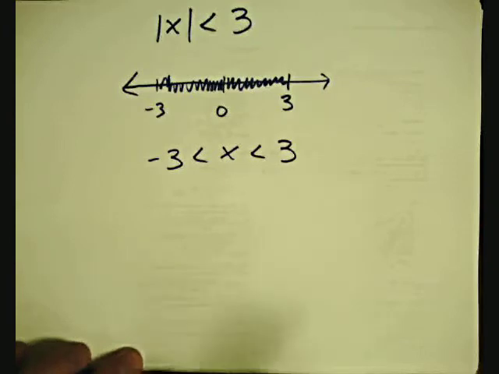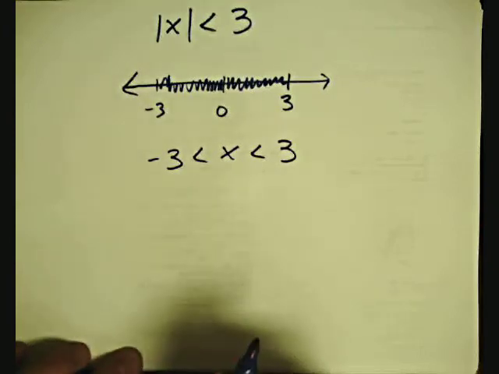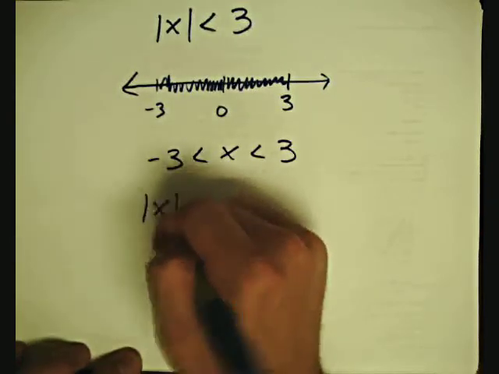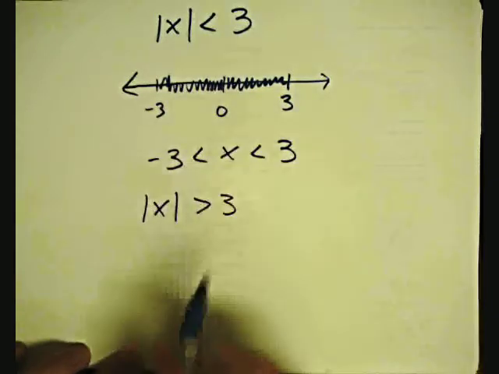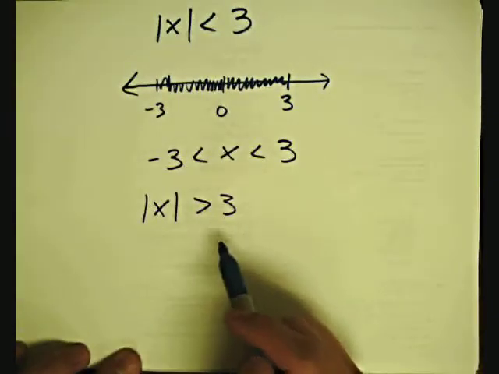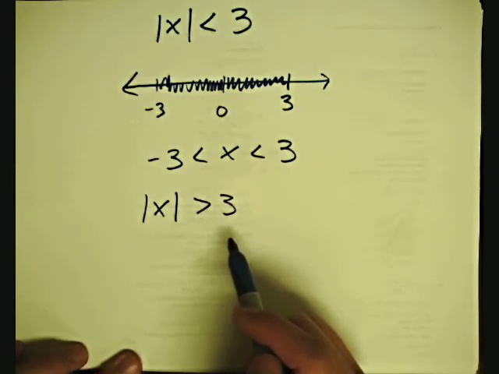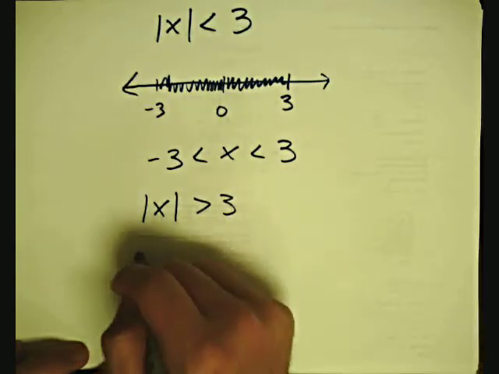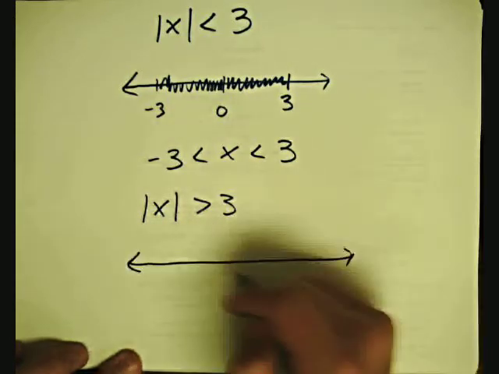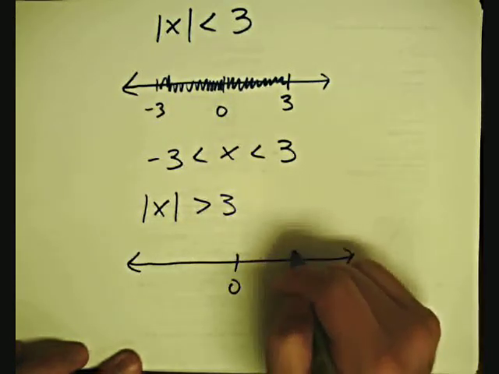If we looked at instead the absolute value of x being greater than 3, what that means is the inequality is indicating that the value for x needs to be more than 3 away from 0 on the number line. So if we draw that out, here's 3.